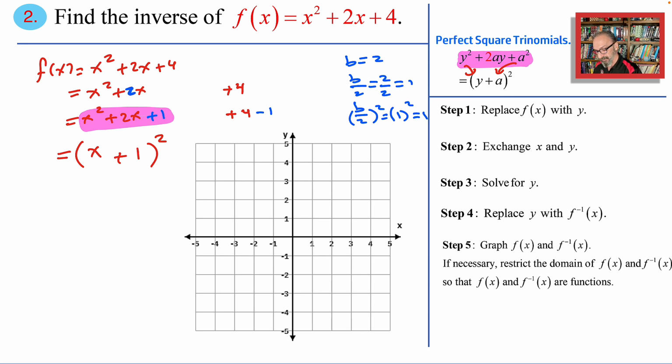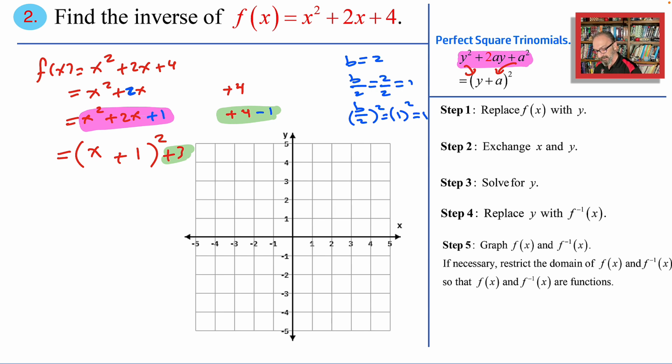On the right side, I do have 4 minus 1, and that's a 3 right here. So we're going to write plus 3. So that's a vertex form, easier to graph.